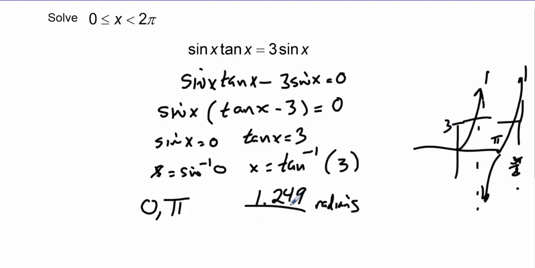So really what I have to do is say not only is it 1.249, but it's 1.249 plus pi, or 3.14. And if I add that to 1.249, I end up with 4.389. So there's 2 values of that tangent.